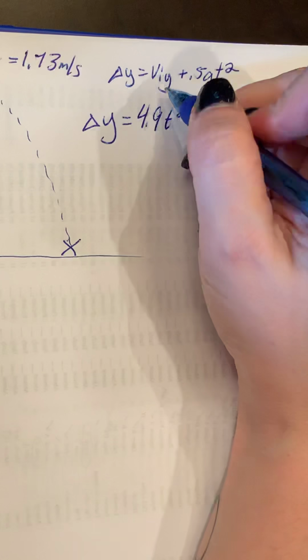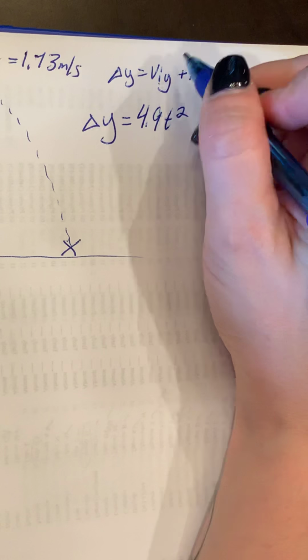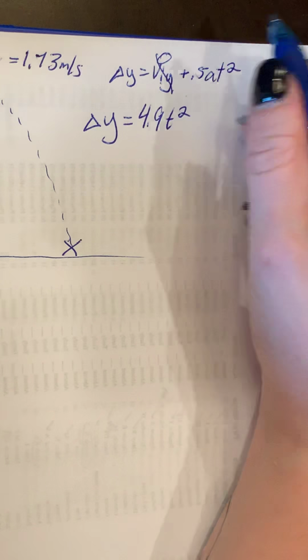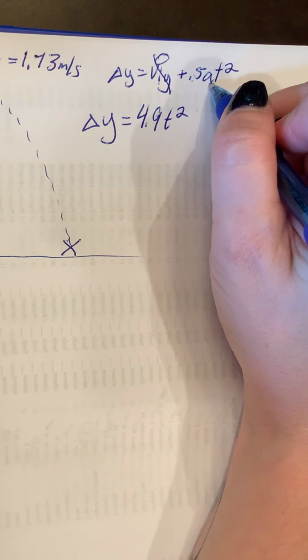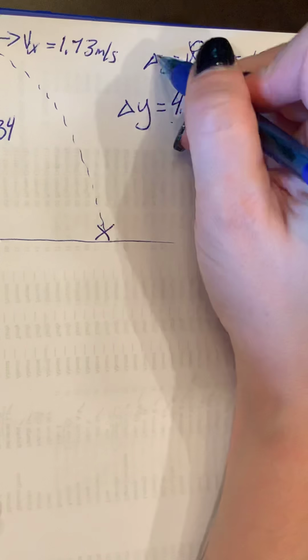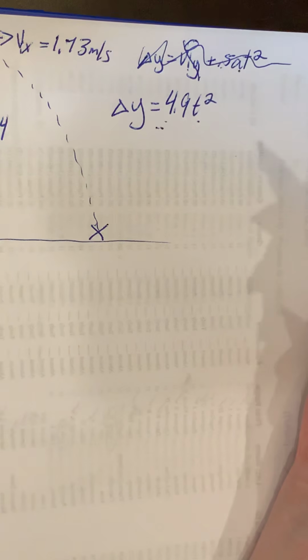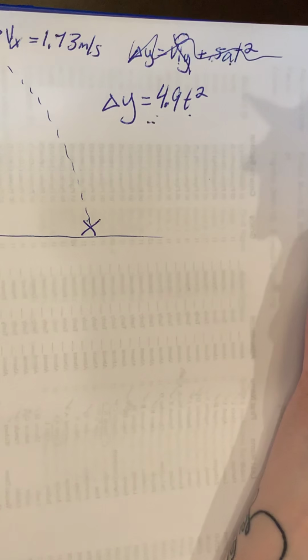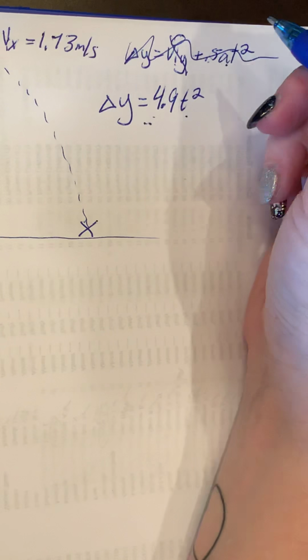And it turns out since the initial velocity is 0, that goes away. And half of 9.8 is 4.9, and we're right back to where we started.